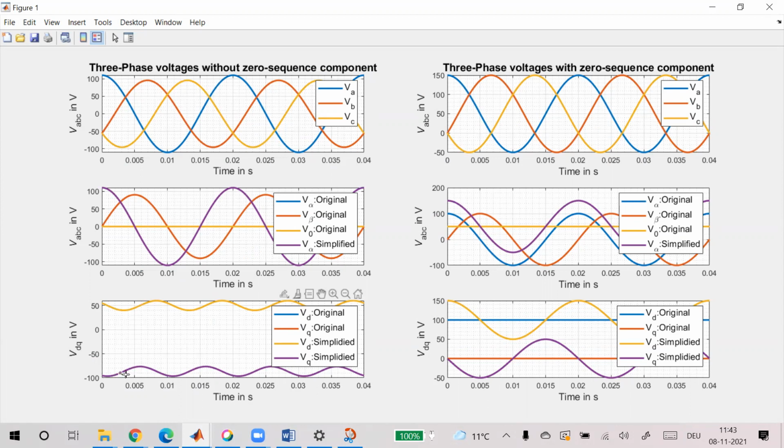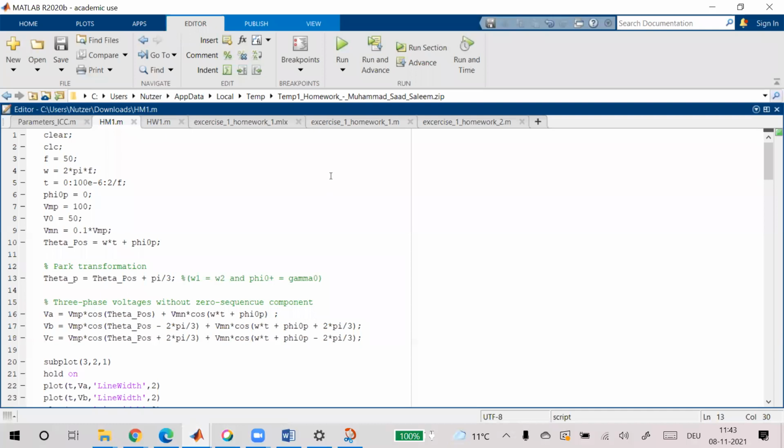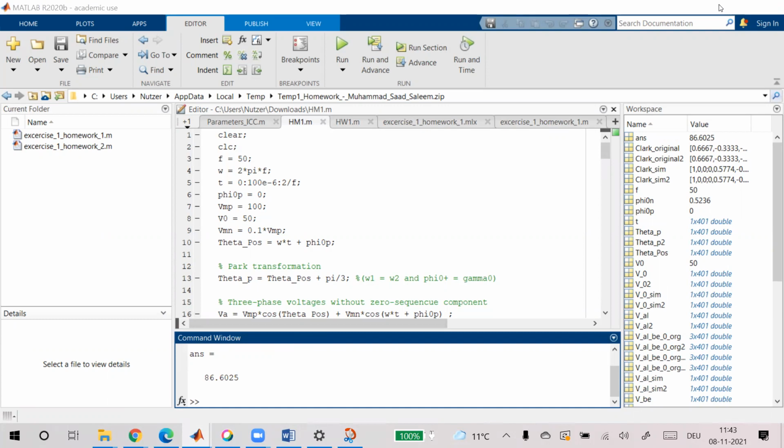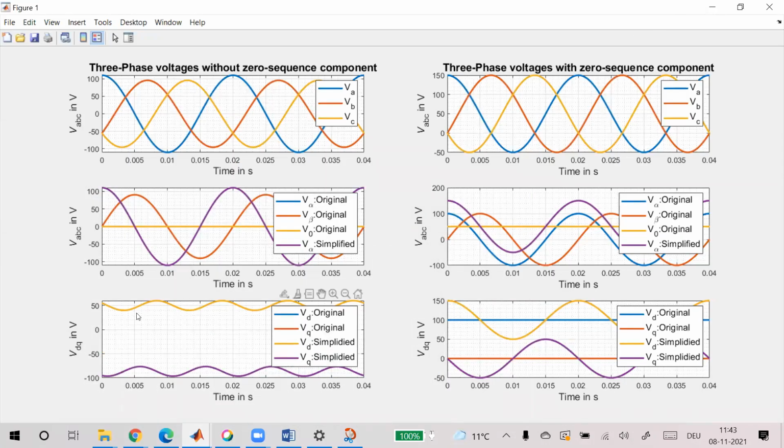And here, of course, you have to find what is this square root 3 by 2. So square root 3 by 2 into 100, where 100 is your magnitude. So it's 86.6, and we have the minus. If I zoom in, you can see the mean value is 86.6. You can find the mean and you'll get this.